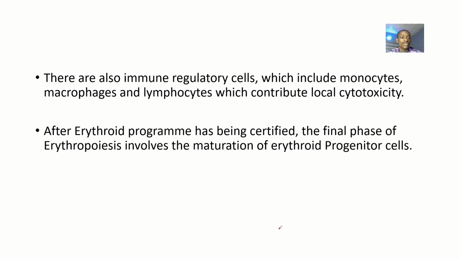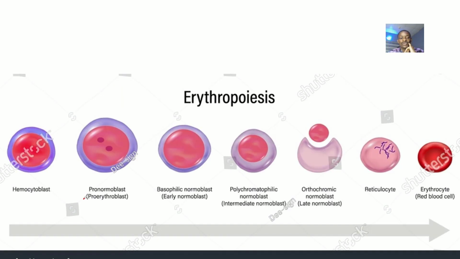There are also immune regulatory cells, which include monocytes, macrophages, and lymphocytes, which contribute to local cytotoxicity. Now after the erythroid program has been certified, the final phase of erythropoiesis involves maturation of the erythroid progenitor cell.